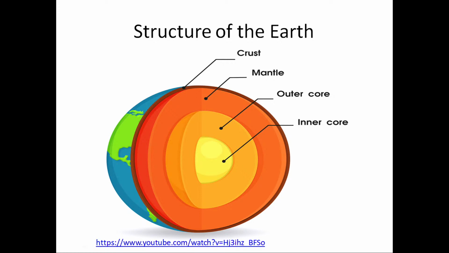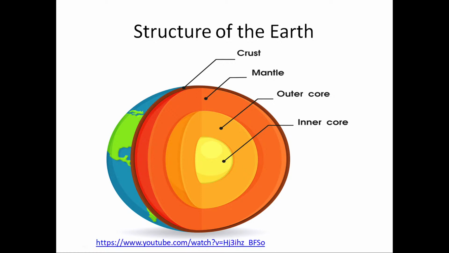Beneath the crust, we have the mantle. The mantle is further divided into two parts, outer mantle and inner mantle. Beyond that we have the core, and the core is further divided into two, the outer core and the inner core. So these are the different layers of the earth.